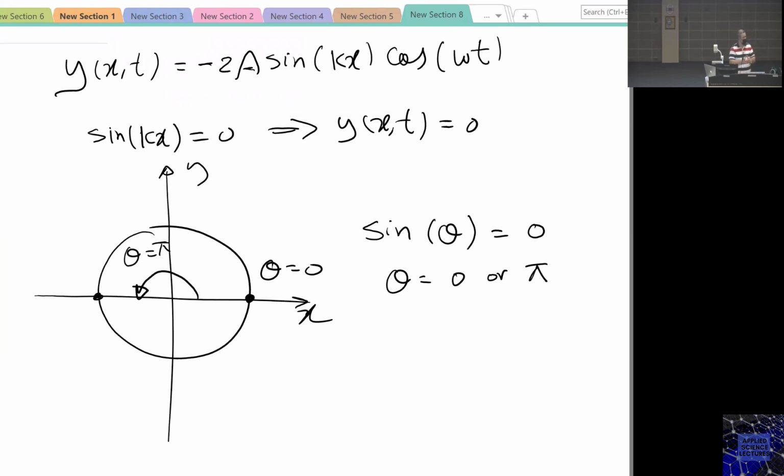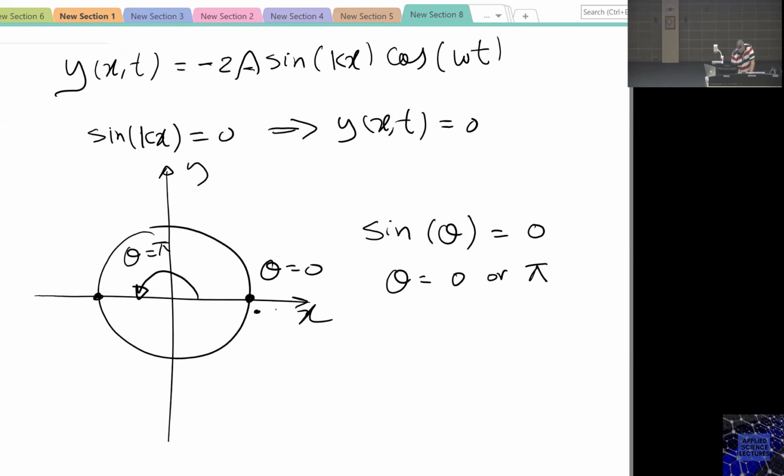But if I now evaluate along the medium of propagation, I have more than 2 points. It's a periodic function that is repeating itself, which means the sine would be 0 when theta is 0, or when theta is pi, or when theta is 2 pi.